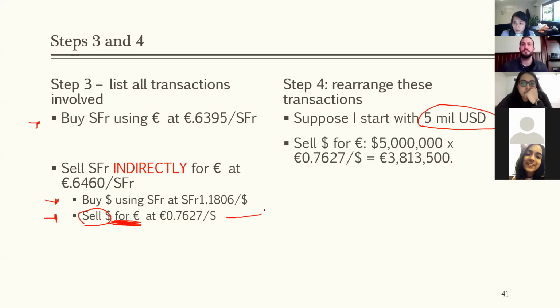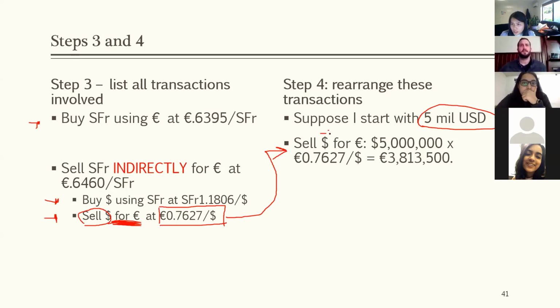So here I'm going to use the USD to buy the euro at the exchange rate given in the question. So I think this is from Dresdner Bank. Okay, so that's the first bank.